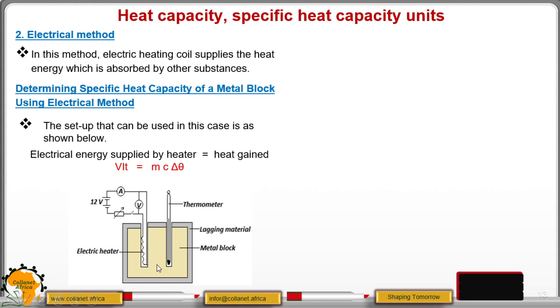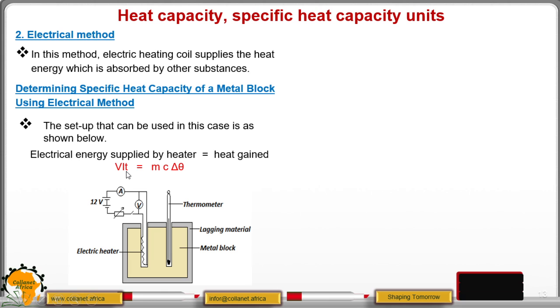So in other words, if you look at this arrangement, we are heating the metal block directly. We are getting the heat from the source here. We have the power. We have the heater that is now having an opening, and you are putting the heater inside the solid and the thermometer inside the solid. Then after that, we proceed as follows: the electrical energy supplied by the heater is always given by power times time, and the power is given by voltage times current.